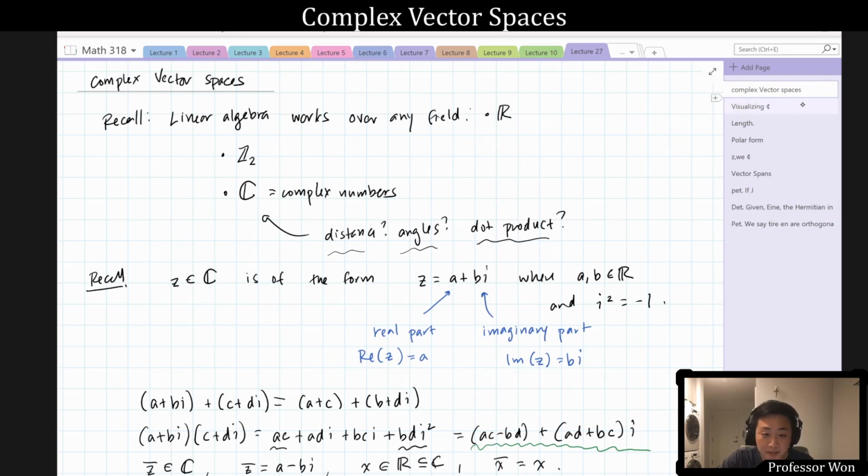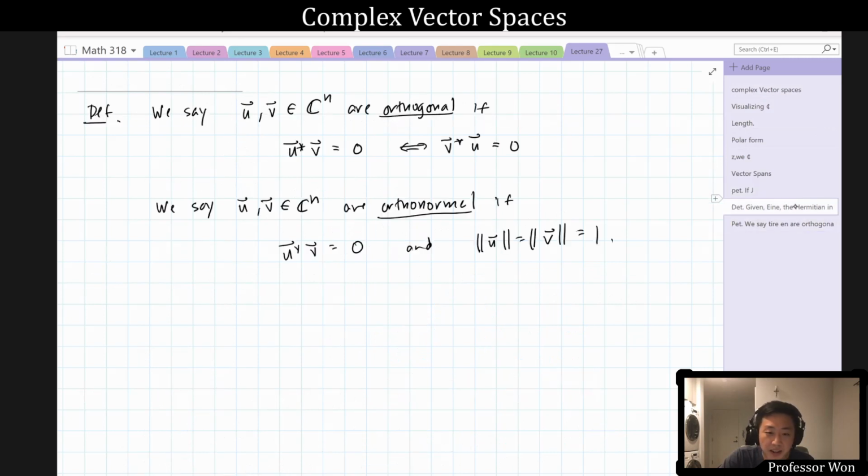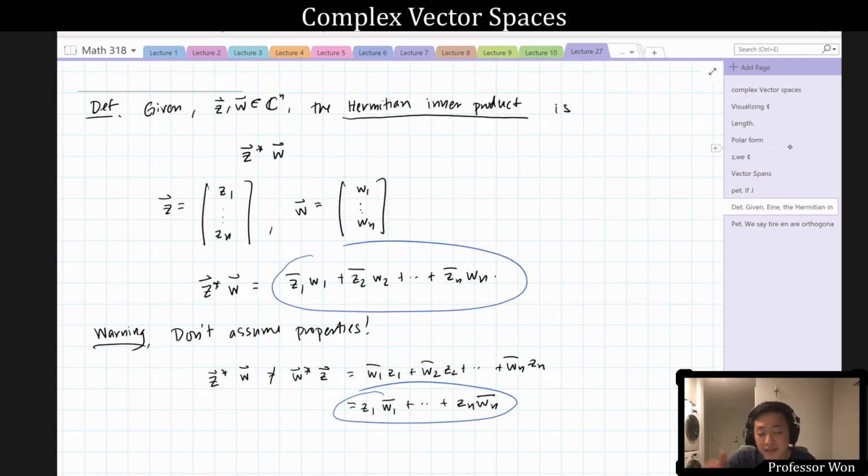Hopefully you've seen complex numbers before. I recommend that you get comfortable working with them just in general, in lots of classes, math and otherwise. It's very useful. The only really new definitions today were the conjugate transpose, this Hermitian inner product, and the Hermitian norm, which is based on the Hermitian inner product.